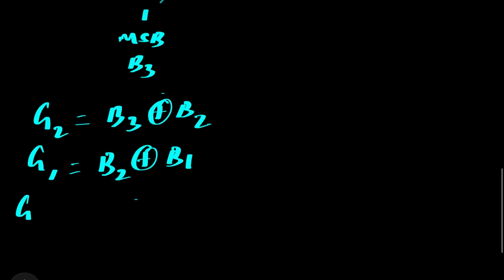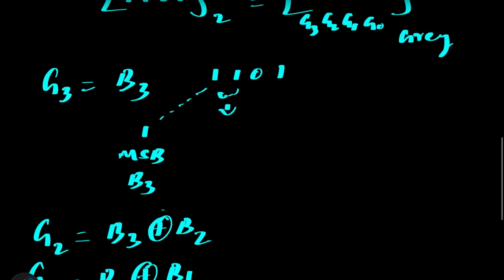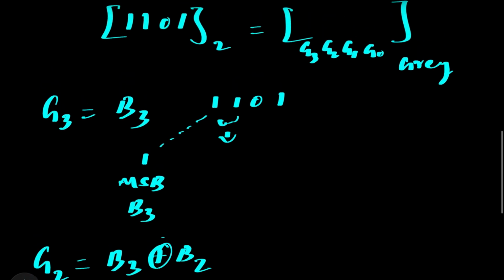Then for gray code 0, in the present example, it is B1 XOR B0. So this is the structure we need to follow in order to get the gray code for the given number. So the MSB has been retained. Now we are doing an XOR operation between the adjacent bits.